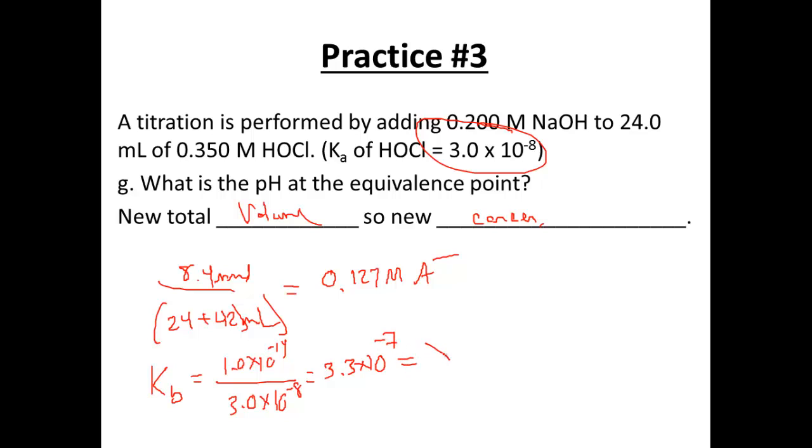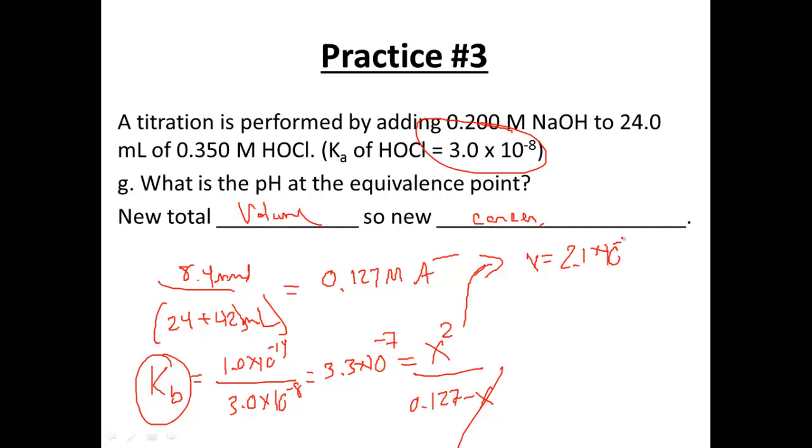So set this equal to X squared over the initial concentration of 0.127 minus negligible X, and solve for X. Okay? And when we do this, remember, in a Kb problem, when you solve for X, X is equal to the hydroxide concentration. And the hydroxide concentration here is 2.1 times 10 to the minus 4th molar.